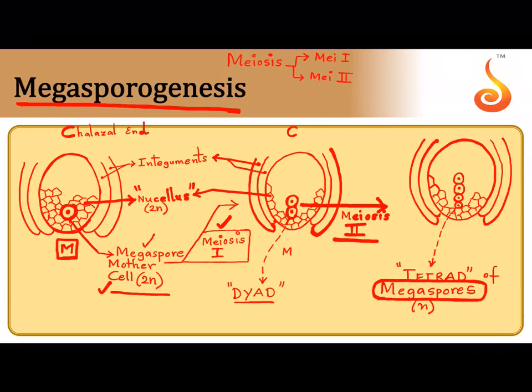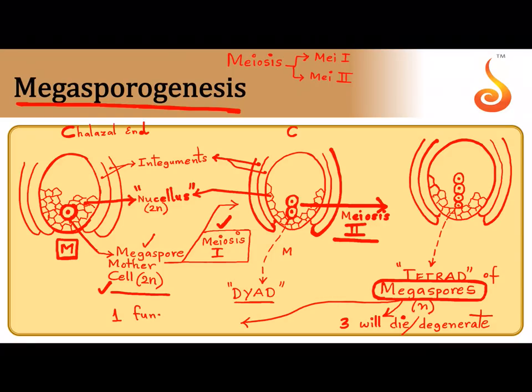Megaspores. And one very, very important thing is, out of these four megaspores, three megaspores will die or degenerate. If three of them die, then how many of them will survive?